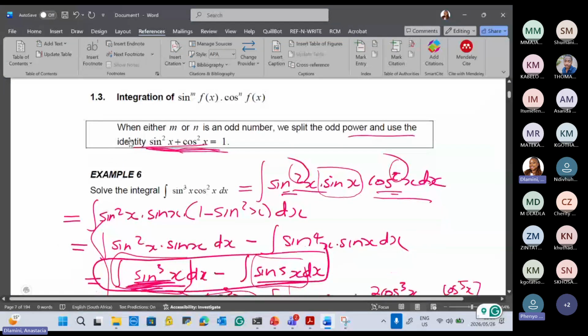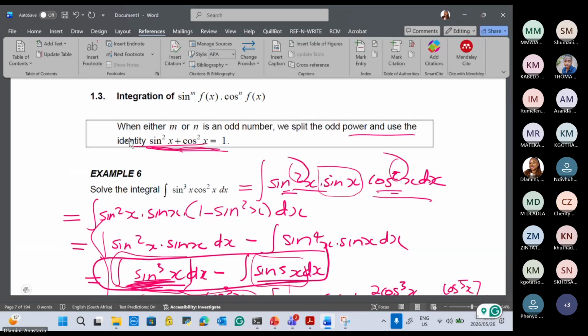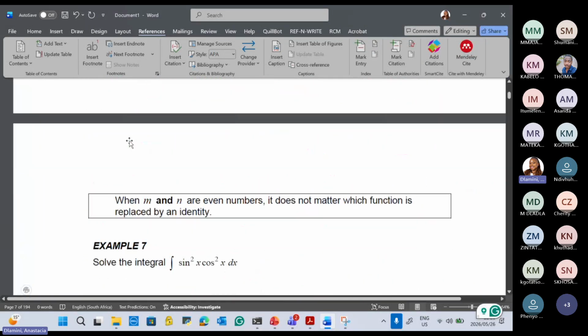Okay, guys. Go and fix when either M or N is odd. When M and N are even, it means me and you are both washing the dishes, both going to the mall.